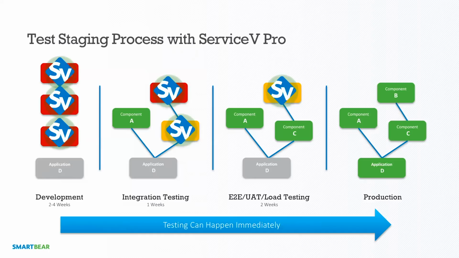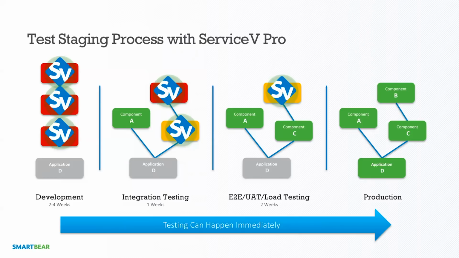With Service V, we can virtualize all these components, and you'll be able to run the end-to-end testing, the load testing, and the integration testing right away. So here, 2 to 4 weeks, once the actual spec is mocked up and the API is designed, we can go right from there, start virtualizing that API, and then run tests against it.